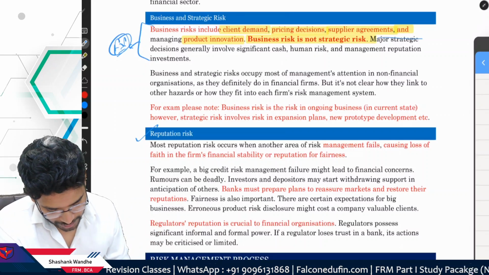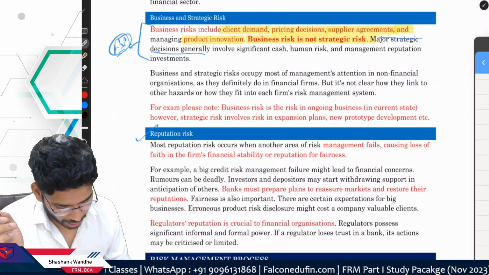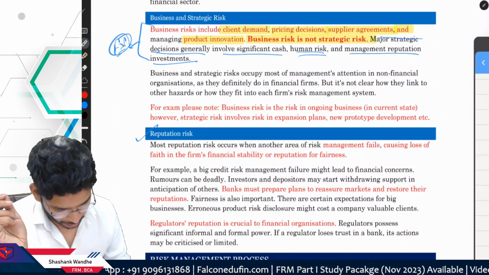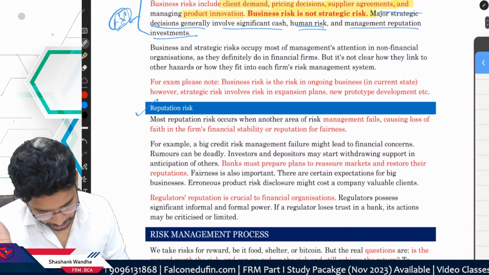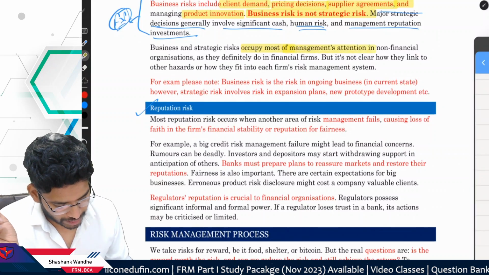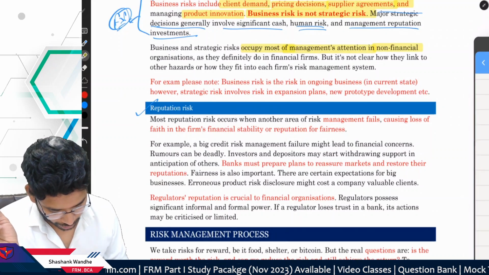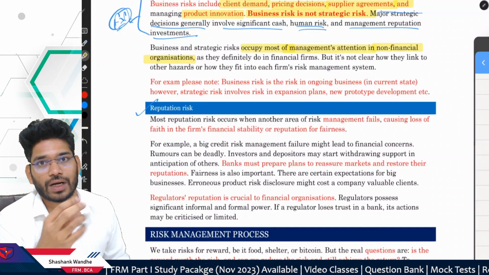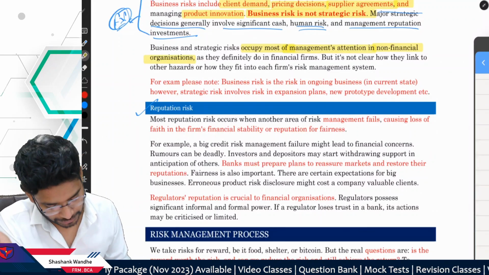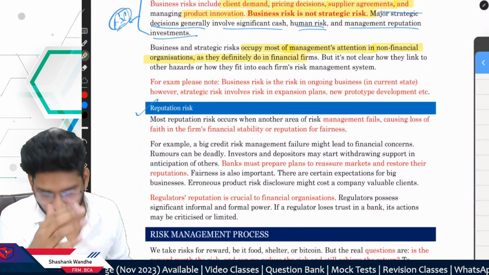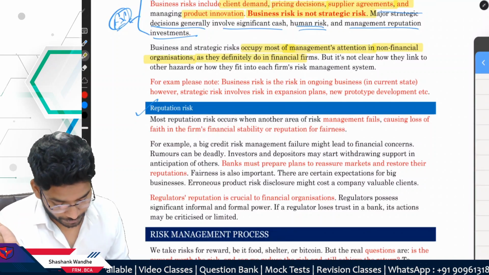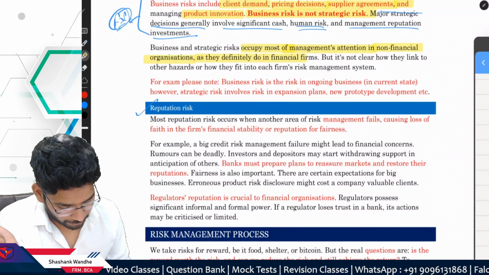The major strategic decisions generally involve significant cash, human resource, and management reputation investment. The business and strategic risk occupy most management's attention in non-financial organizations, so not banks or hedge funds, but maybe a manufacturing company, Apple Incorporated, as they definitely do in financial firms.